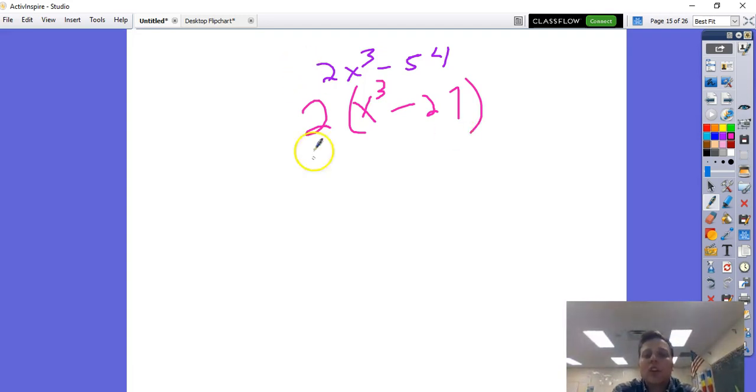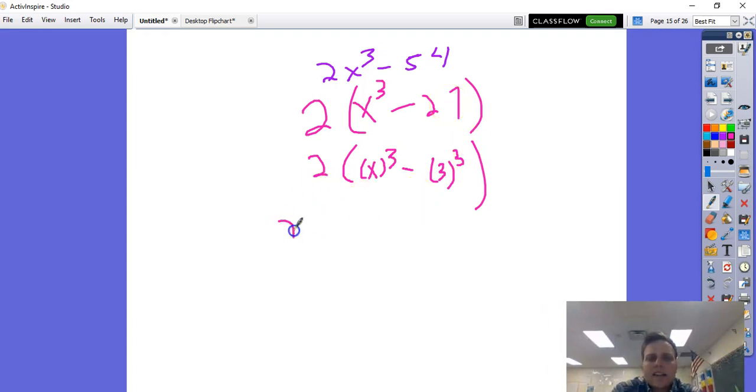Okay, so hopefully you did just pause the video and you're coming back. And you're like, oh, okay, so I have my 2 here. And I know that difference of cubes comes from something cubed minus something cubed. So you just have to figure out what those somethings are. You know that x cubed is x cubed, and we know that 3 cubed is 27.